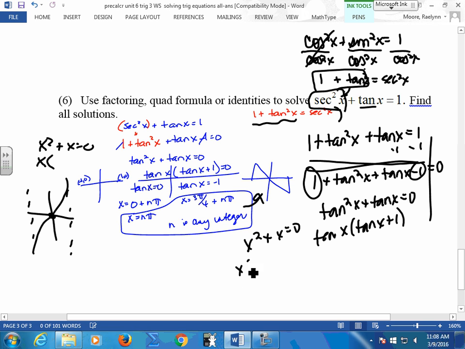X. And that would leave you with x plus what? X plus 1. So when I factor out a tangent, it leaves me with tangent plus 1. Okay? If you wanted to, you didn't have to put it on the side. You could just say minus 1, and take it away right there. Okay?